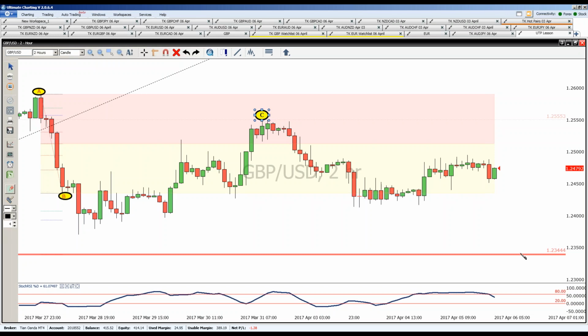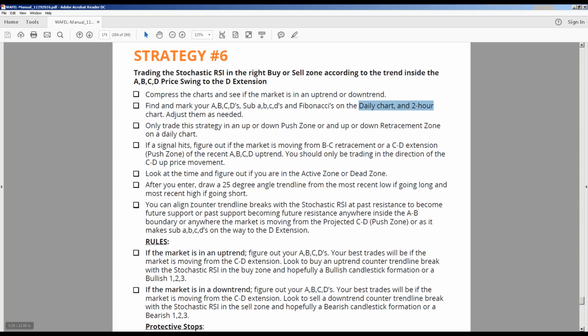And the D extension is going to be the 1.618 over there. Now, first of all, let's just go back to the manual. The manual says only trade this strategy in an up or a down push zone.